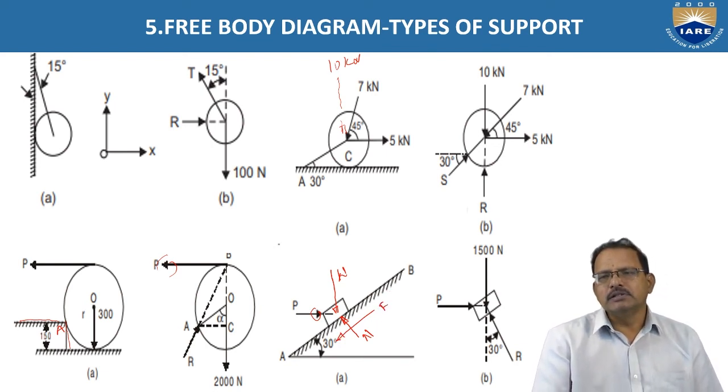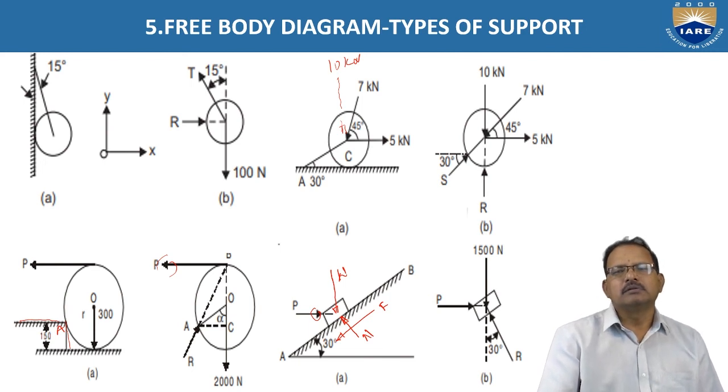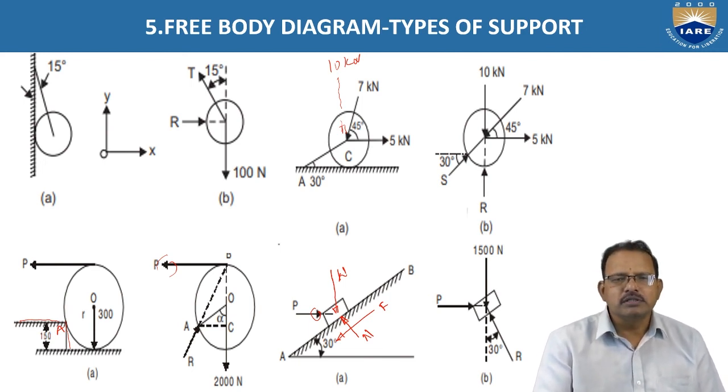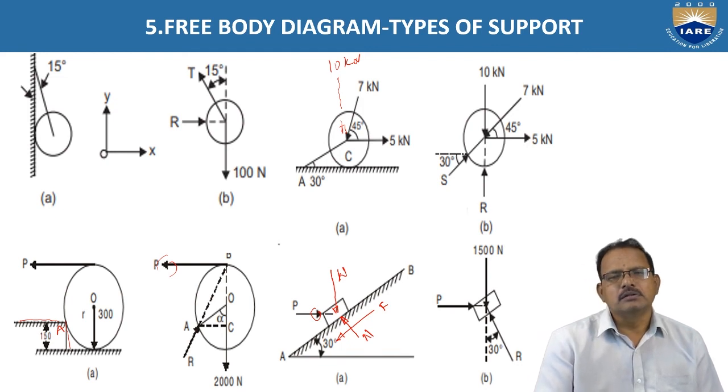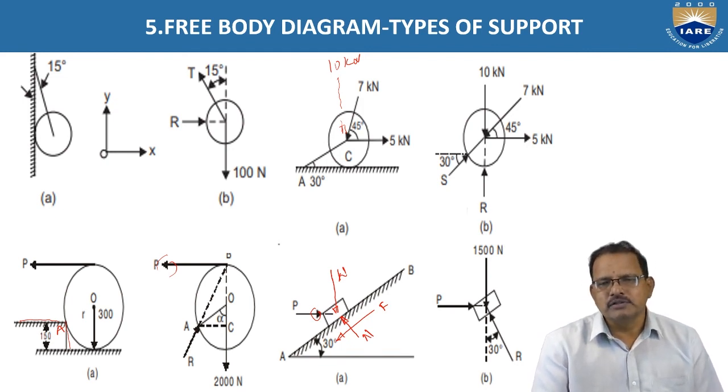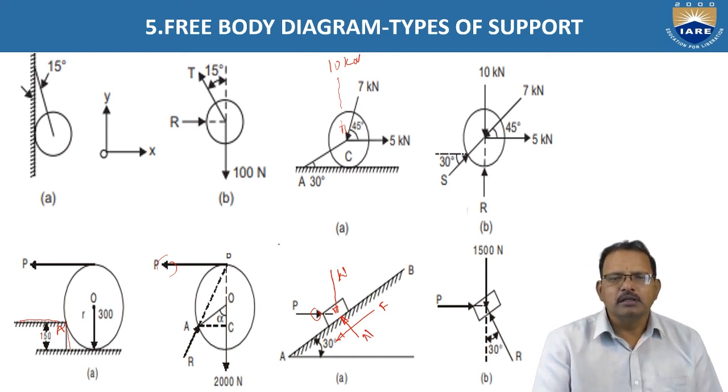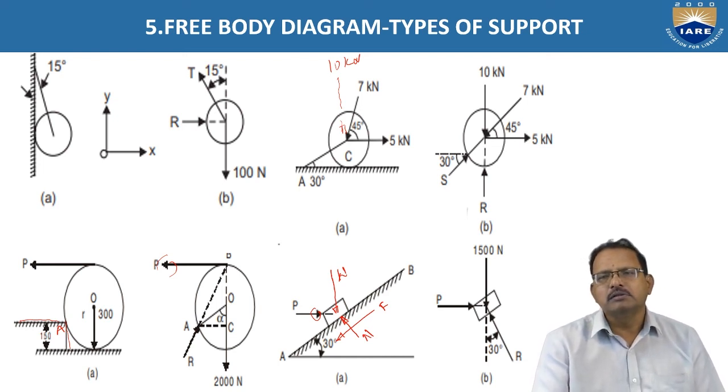In this type of problems, the forces are always resolved along the plane as well as perpendicular to the plane, and apply equilibrium conditions. Sigma Fx is equal to 0 and sigma Fy is equal to 0, and determine the unknown quantities which are acting on a body.